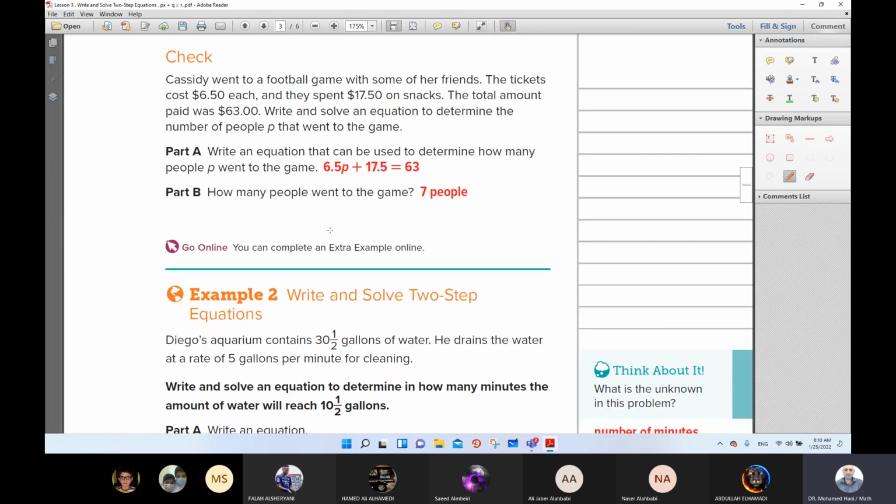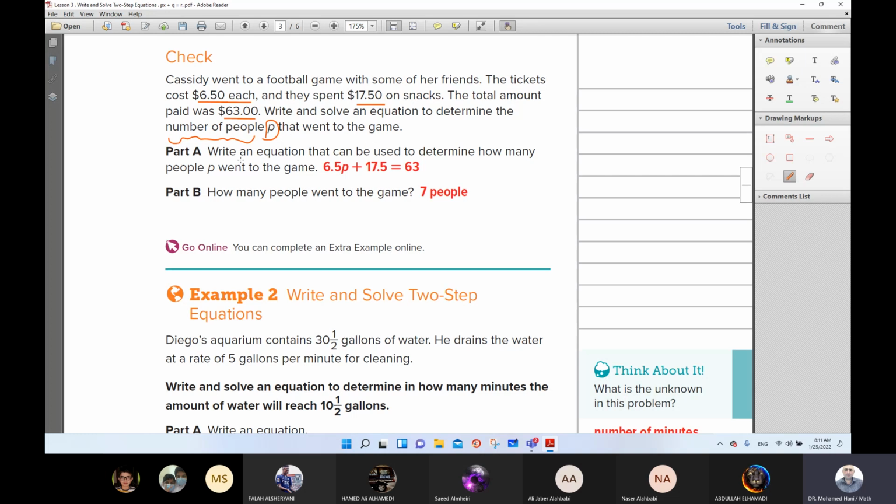For example, here, Cassidy went to a football game with some of her friends. The tickets cost 6.50 each, and they spent 17.50 on snacks. The total amount paid was $63. Write and solve an equation to determine the number of people p. We have the variable here, p, the missing value, the number of people that went to the game.